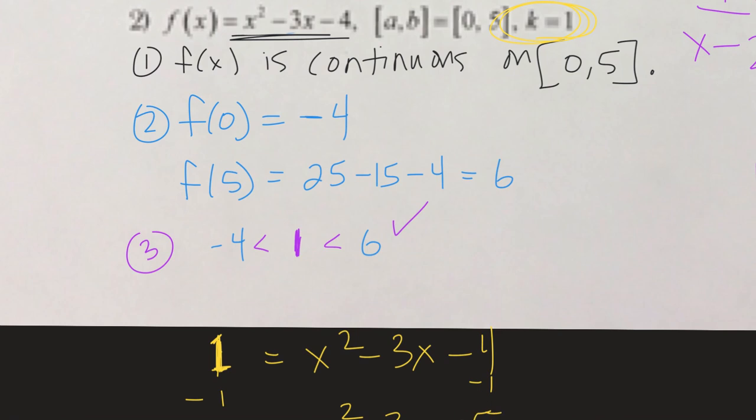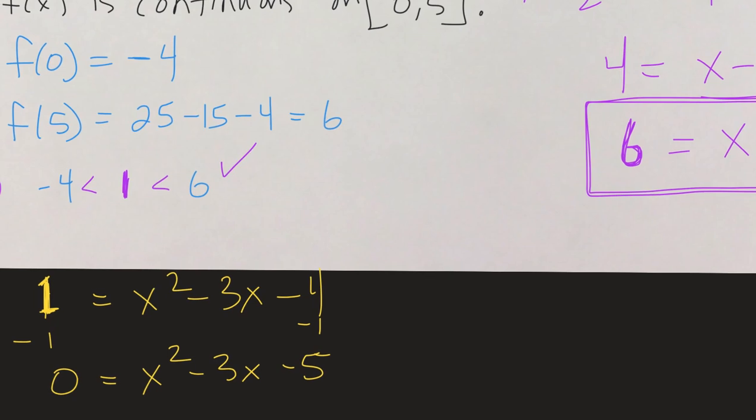Are there numbers that multiply to give us -5 and add to give -3? Right? That is not a thing. So this quadratic is not factorable.